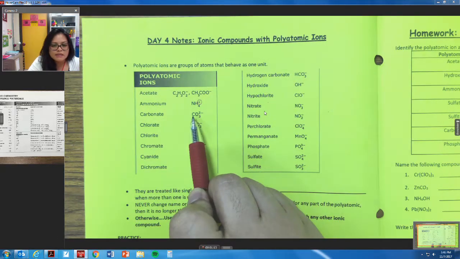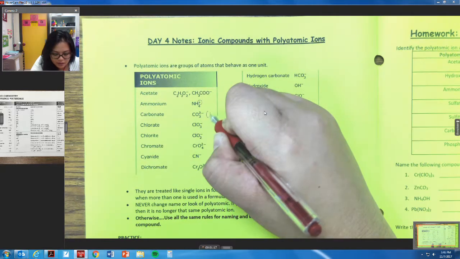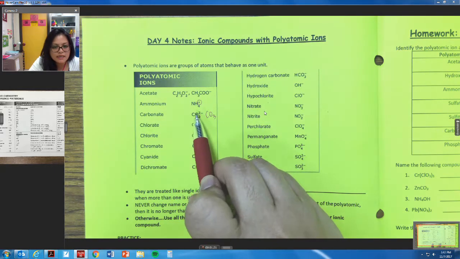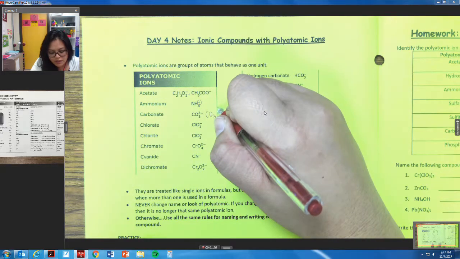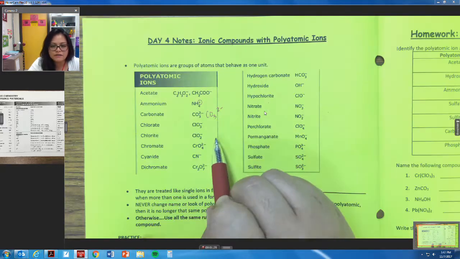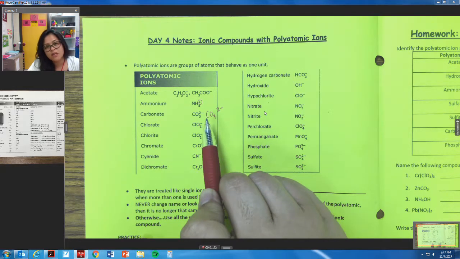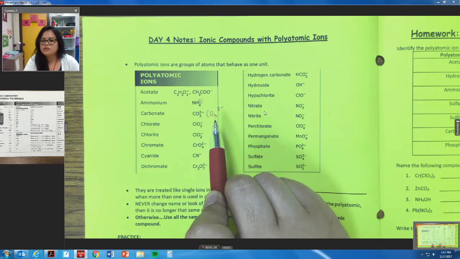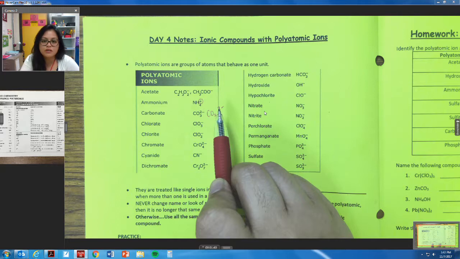For CO3, your polyatomic ion is CO3, and the charge, that second number up top, is your charge. So CO3 has a charge of -2. Please be careful when you look at your polyatomic ions. Don't confuse which one is your subscript and which one is your charge.